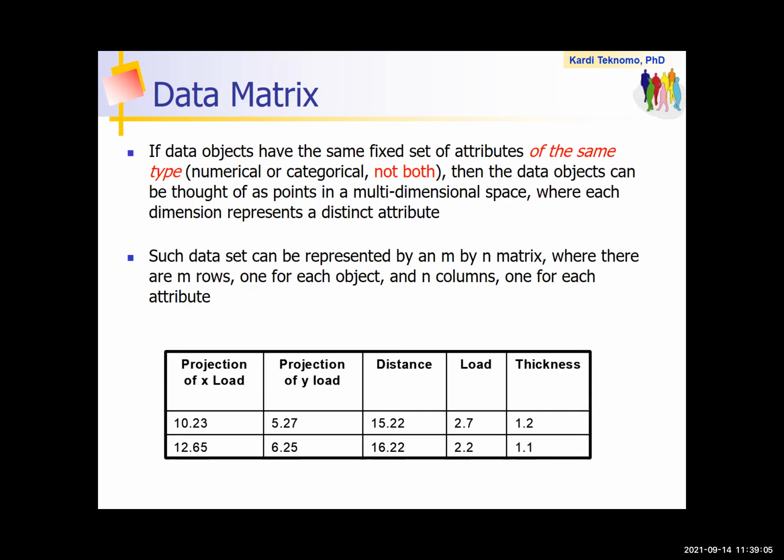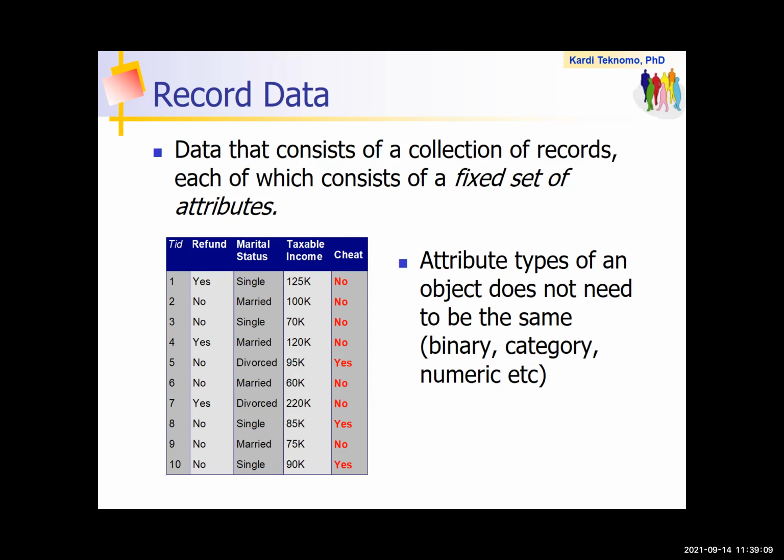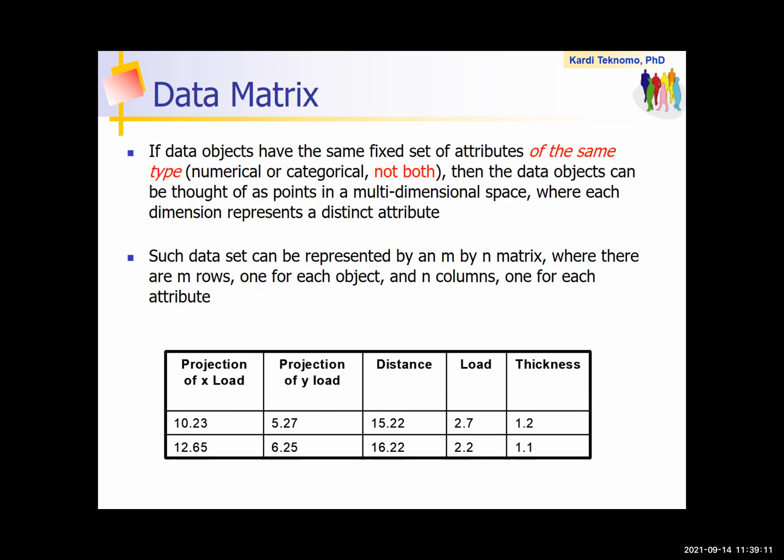So what's the difference between record data and data matrix? In a data matrix, they have a fixed set of attributes with the same type. Either they are numerical or categorical, but not both. These are examples of data matrix with mostly numerical data.